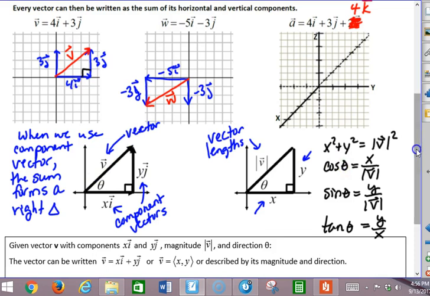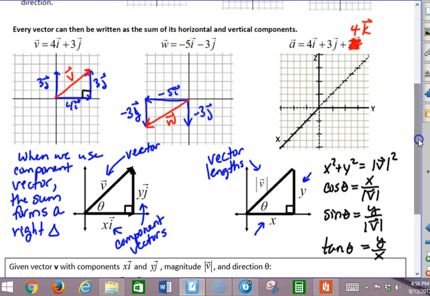Now before I summarize that, let's go back and just take a look at what a 3D vector would look like, just for fun. I changed this one to 4K, although that might be already corrected in your notes. This is my vector that's moving in the x direction.